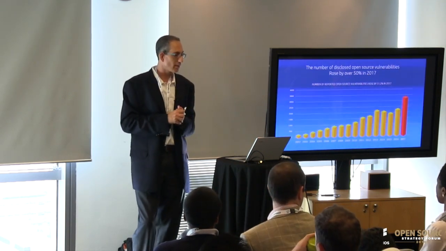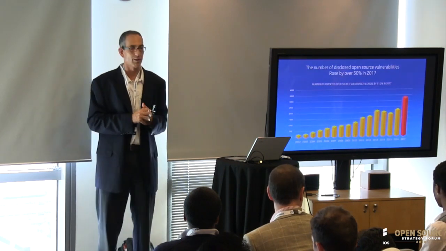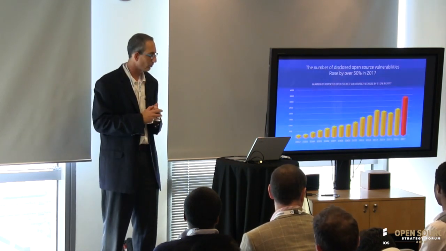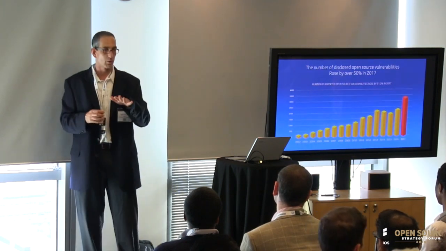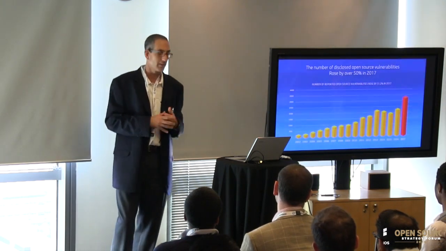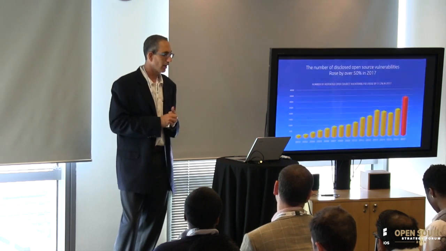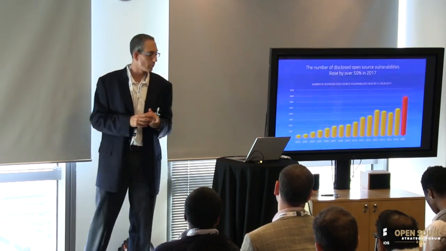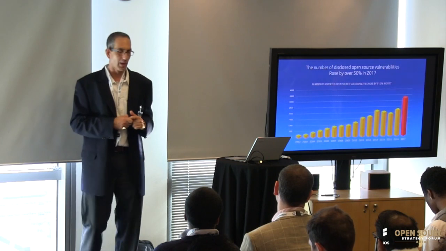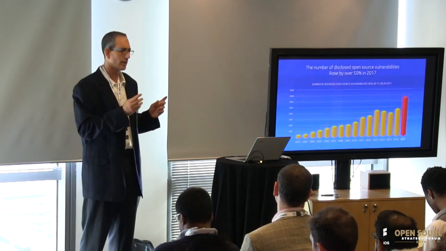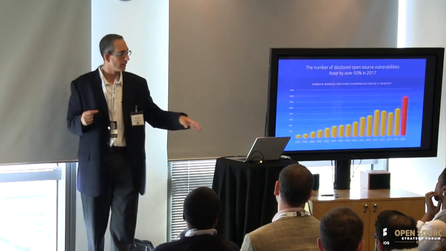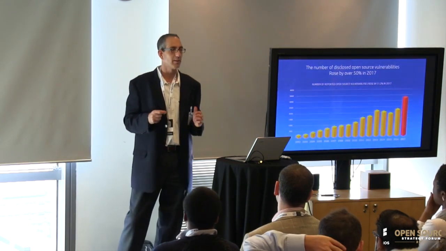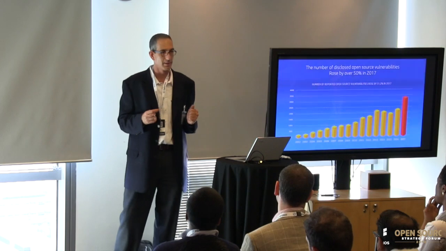And if we look at the rate of security vulnerabilities published for open source components, we were seeing a small growth up until 2016. And then the number grew by more than 50% in 2017. And we have the numbers for the first 3 quarters of 2018. It's already surpassed the number of 2017, and it's probably going to grow at the same rate.